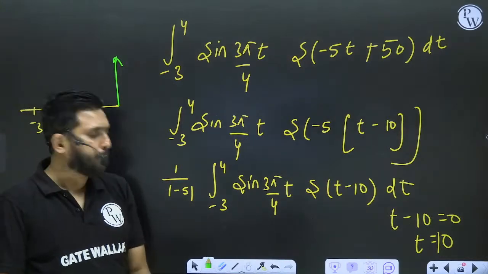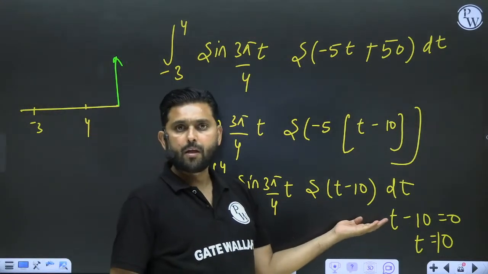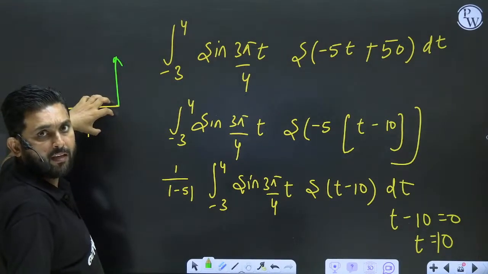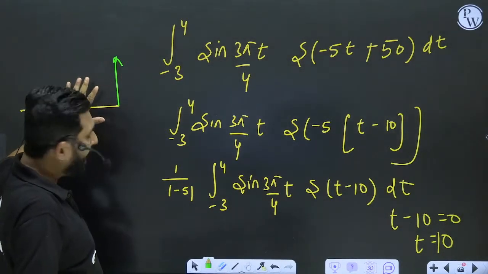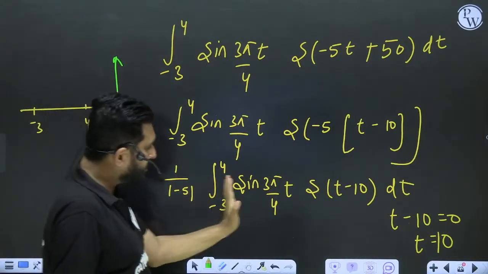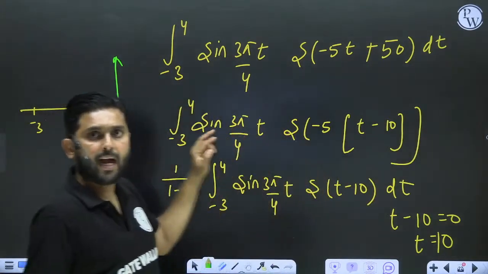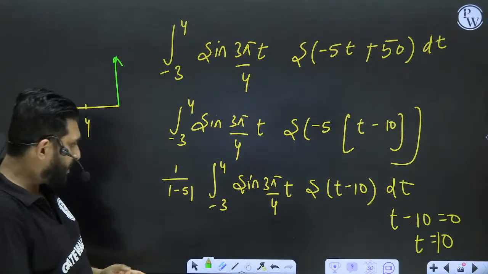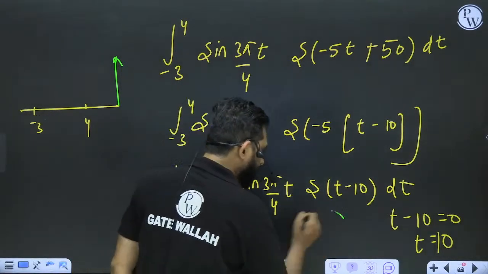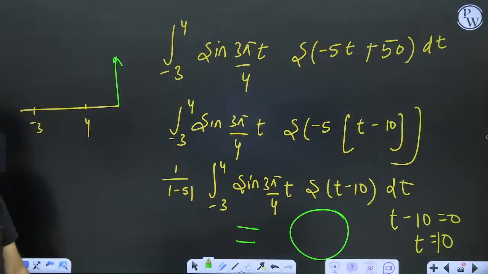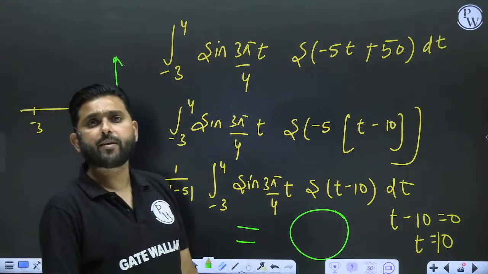This means that the product itself is 0. The function exists between this limit, you are integrating between this limit, and the impulse is outside it. So what is the answer? Answer is straight away 0.